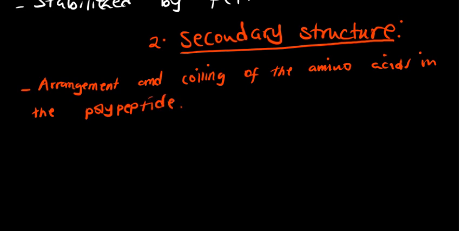So the coding and arrangement of amino acids in the polypeptide. So we have two types of secondary structures. The first one we have is alpha helix.